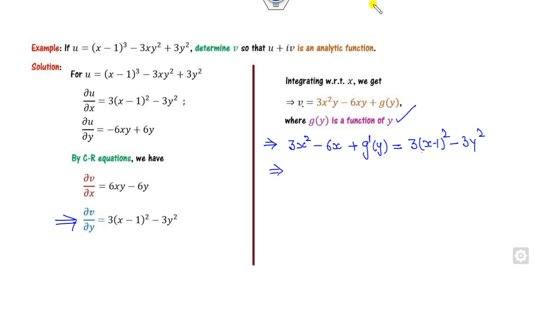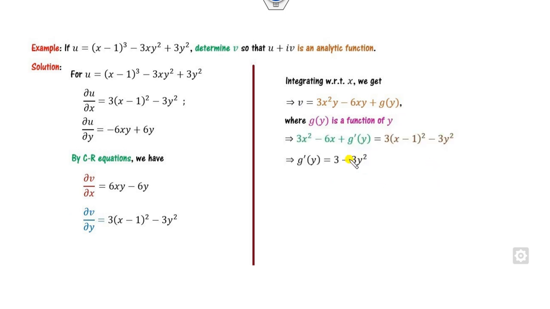If you open this bracket, what will happen? It's 3x square minus 6x plus 3 minus 3y square. You can see that the x term will be cancelled out. If it is not cancelled out, you can check your calculation. It means something is wrong if it is not cancelled out. So your g dash y is nothing but my here.